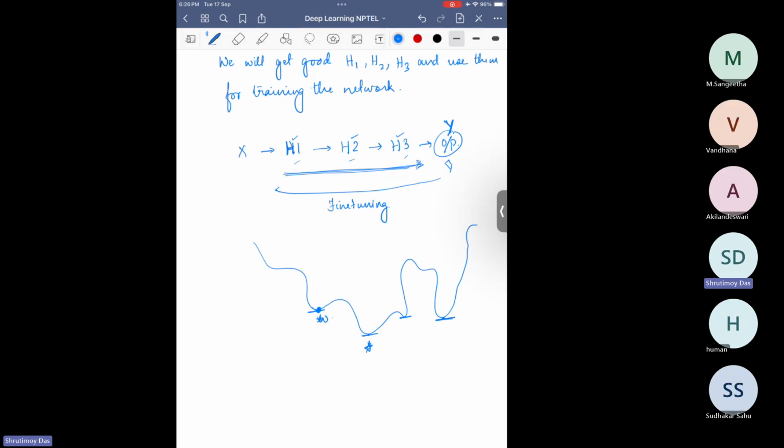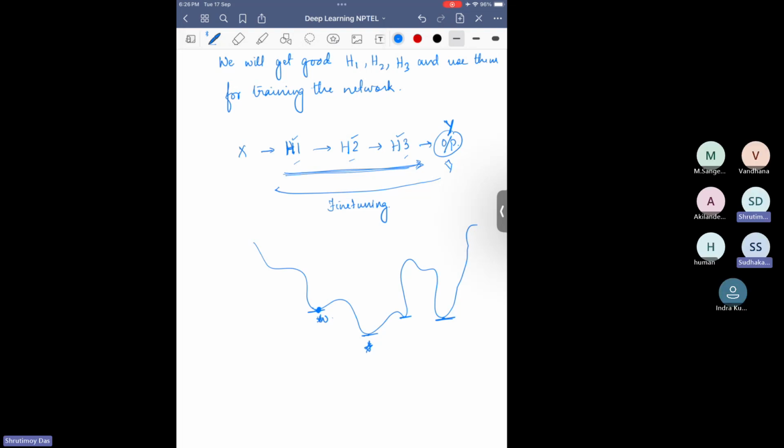So using this, I'll just start from there. For example, suppose the algorithm has been pre-trained and it says, let me start from here. We get this configuration of weights because it is possible that we learned good H1, H2, and H3 as the weights have been initialized to this point.